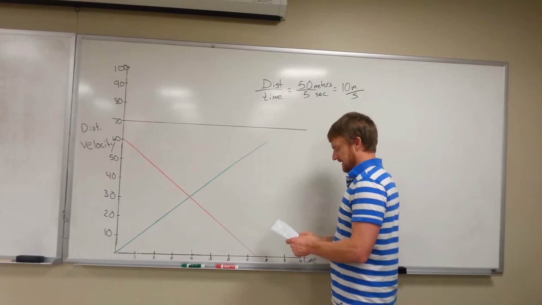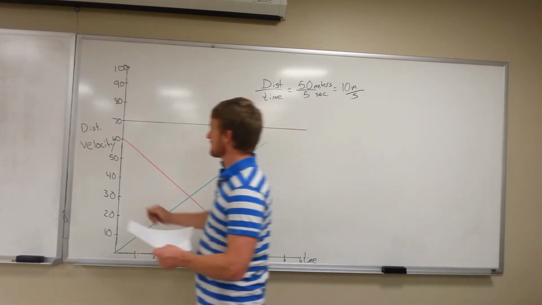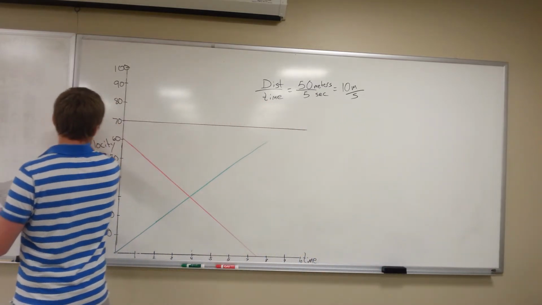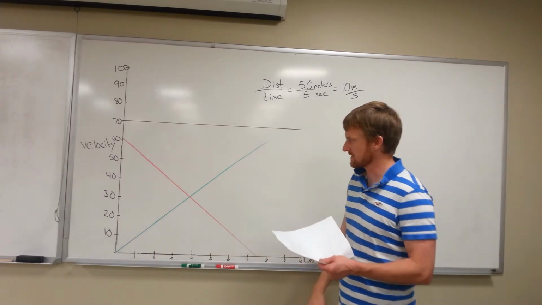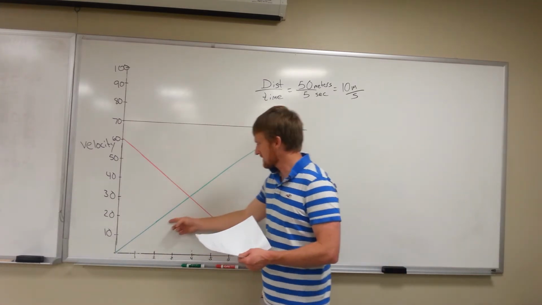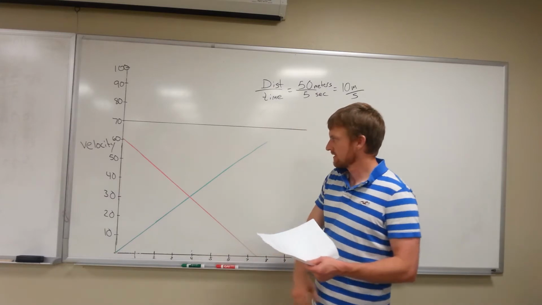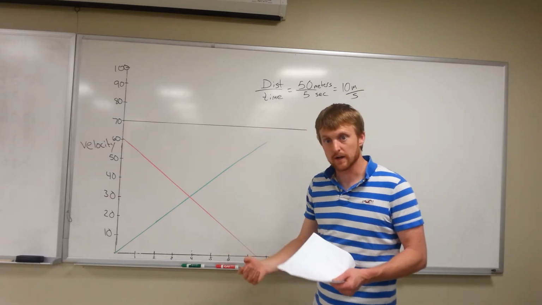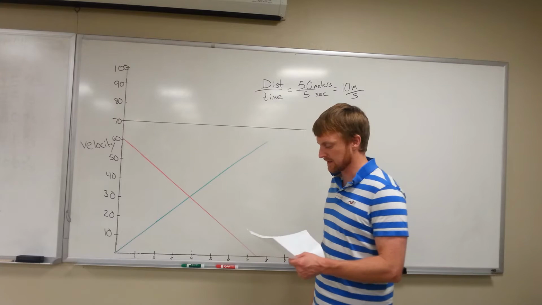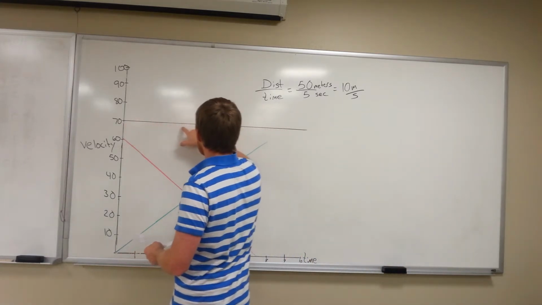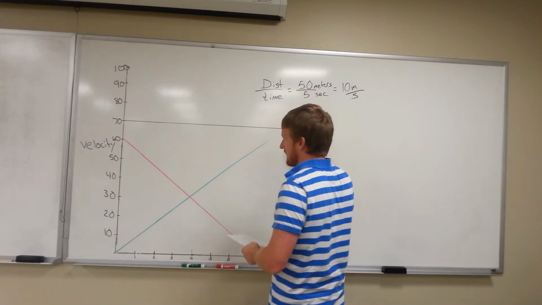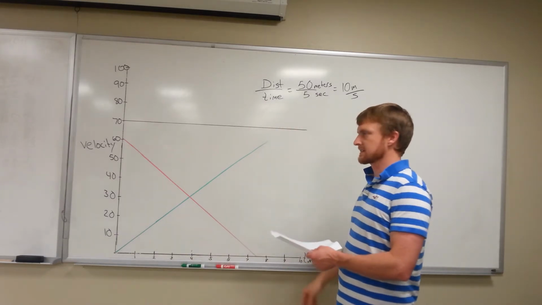Okay, so now let's get rid of distance and just pay attention to velocity. As your velocity increases, you are accelerating. If you're just driving 70 meters per second in a straight line, we are not accelerating.